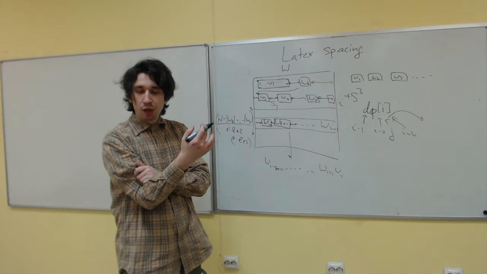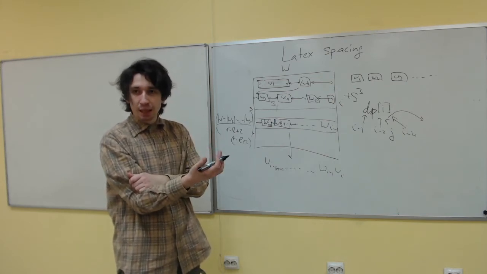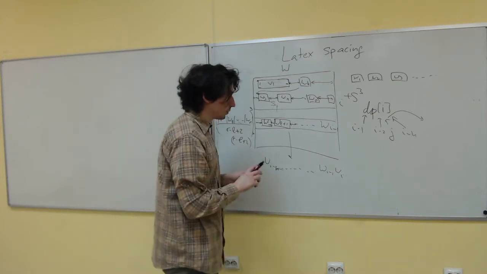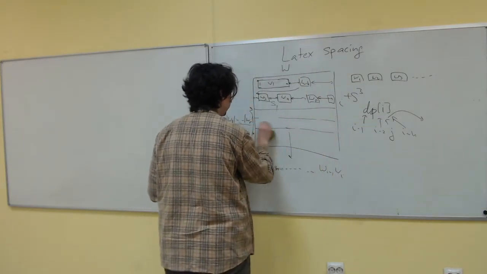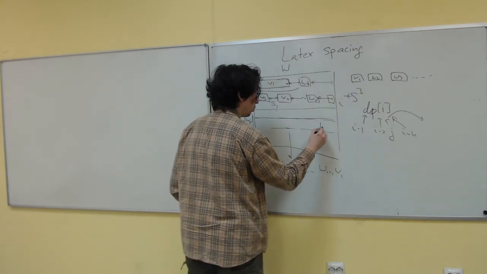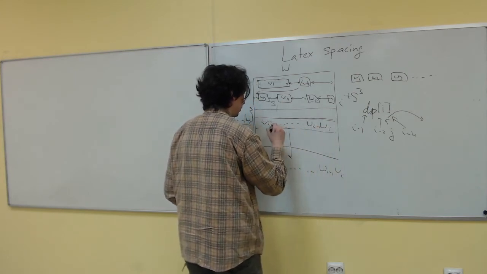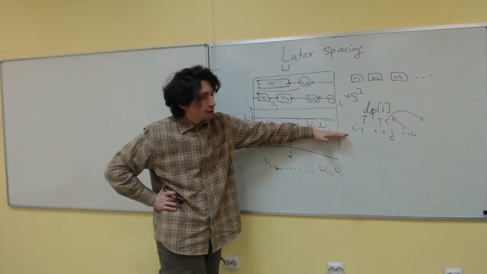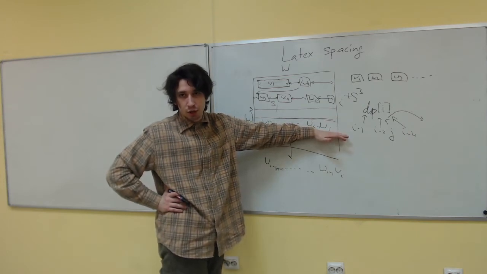And now we want to iterate over all the possible numbers of words in the last line. Does it make sense? Here we have v i minus 1 and so on, v i minus n. So this is exactly where we stop: we add the ith word and the line stops here.